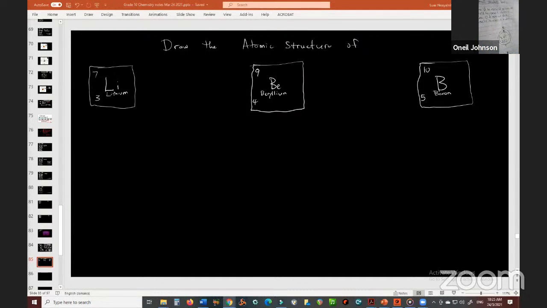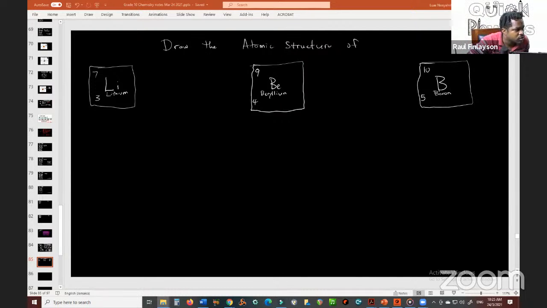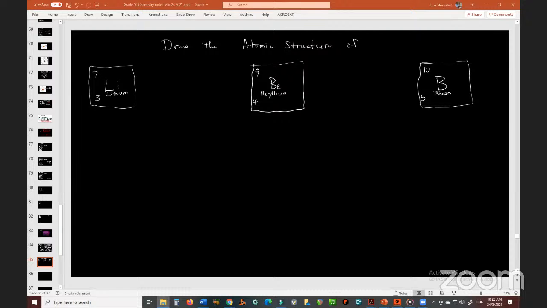Let me just get this screen a bit bigger here. That one looks like the first shell here. So I'm going to take a picture and send it to you, sir.